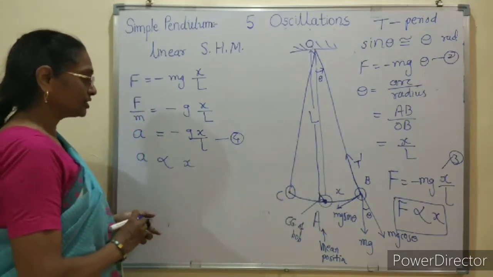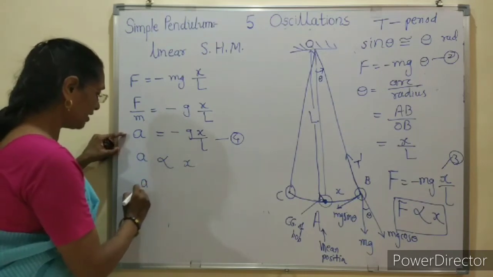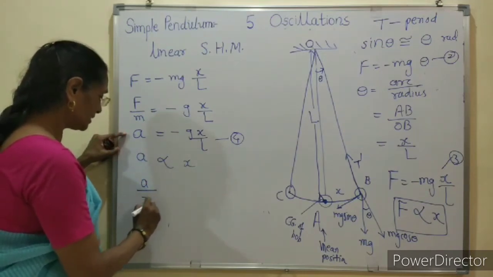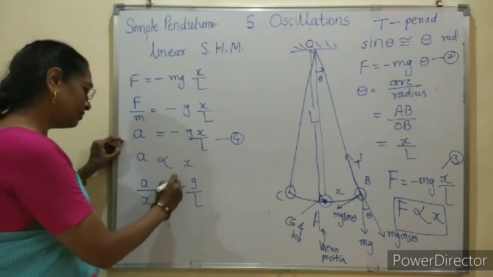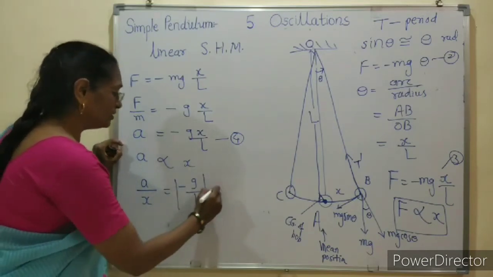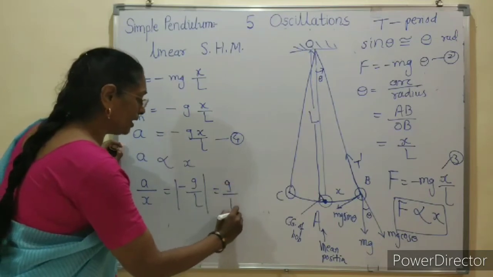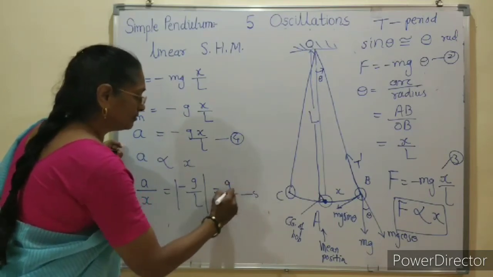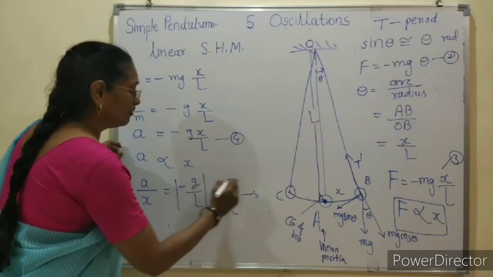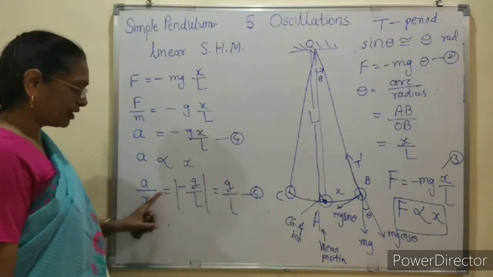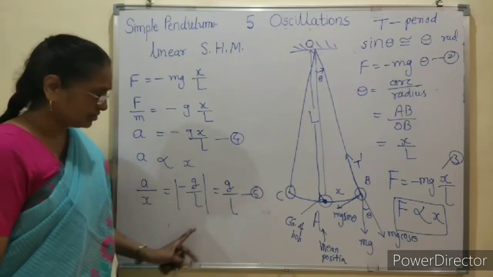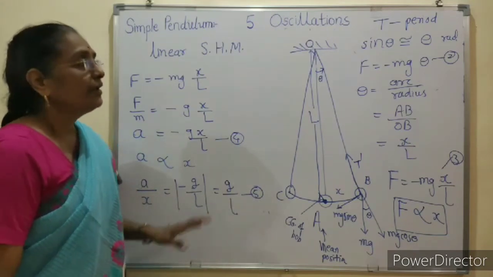So from this relation, again we write a upon x is equal to minus g upon L. If we take the magnitude, it is equal to g upon L. Small g we write here for distinguishing it from capital G. a upon x is equal to g upon L. This is equation number 5.